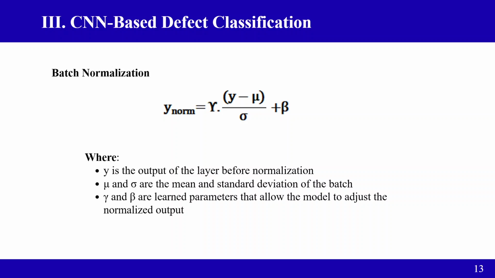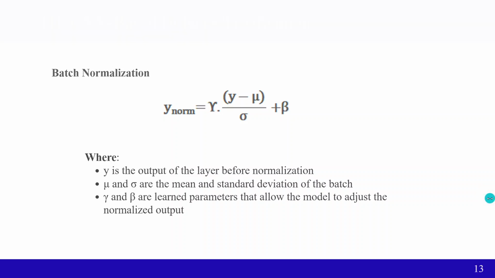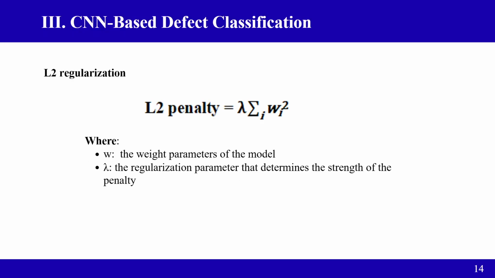This helps training become more stable and converge faster. The next one is L2 regularization. It adds a penalty to large weights controlled by lambda, and this encourages smaller weights and helps reduce overfitting.